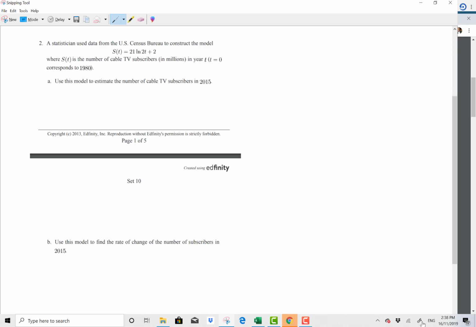So all I need to do is, firstly, figure out the amount of years. And the amount of years right here is going to simply be 2015 minus 1980. Once I subtract that, I'm going to get a total of 35 years. So with that, all I need to do now to get the amount in 2015 is to plug it into the model.